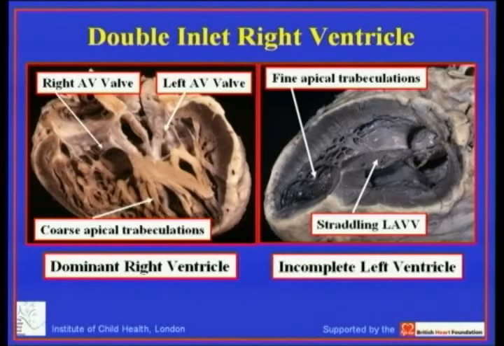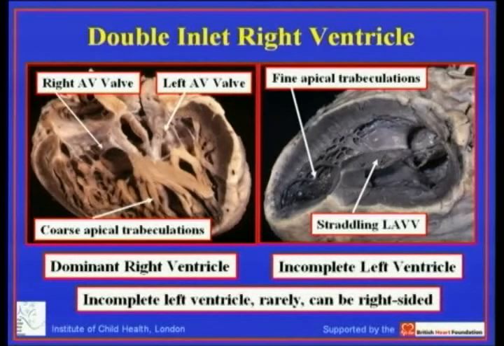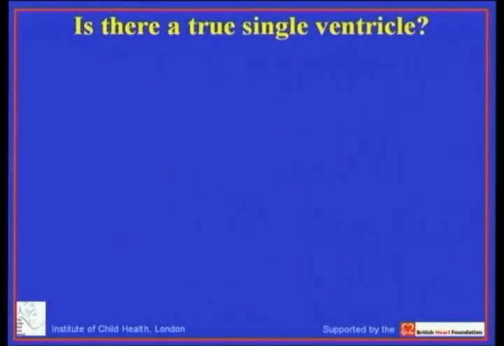But no question that we are dealing here with double inlet right ventricle, incomplete left ventricle. And as I've shown you, rarely that incomplete left ventricle can be right-sided, but is still positioned inferiorly within the ventricular mass. So you know the answer to this question.